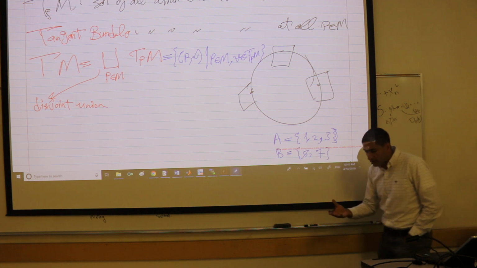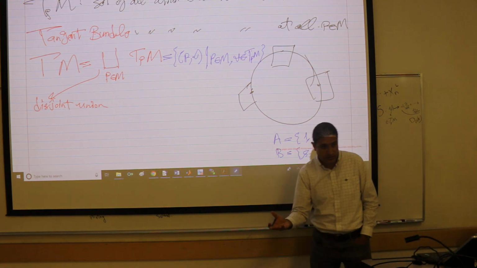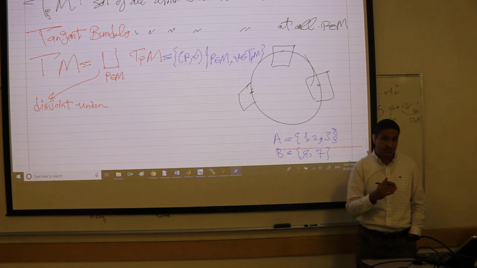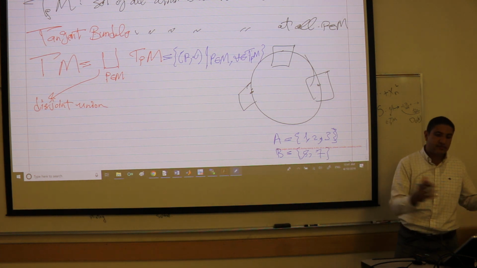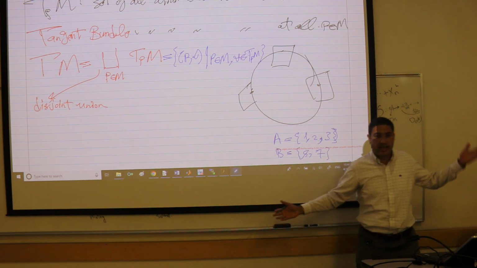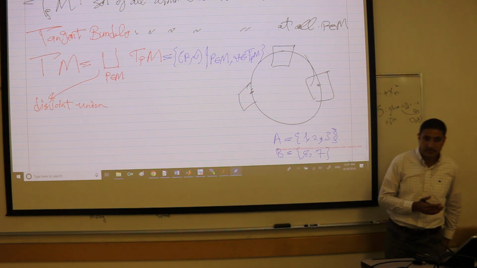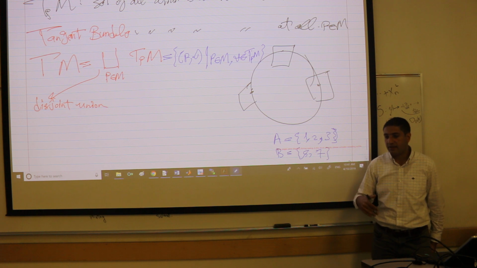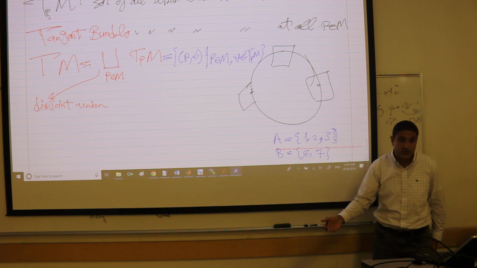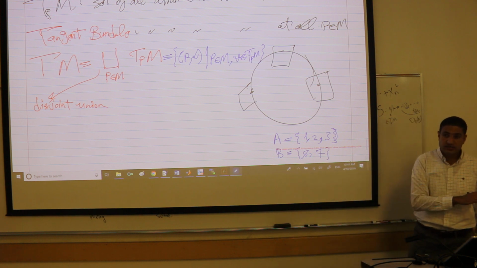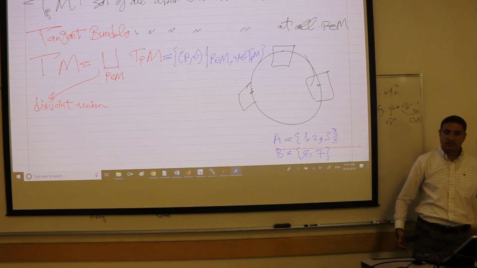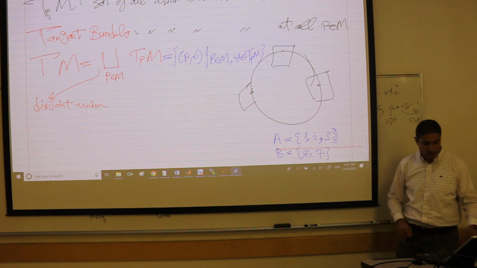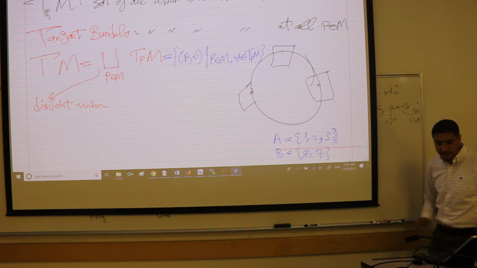If the manifold has the set of points, positions, and the tangent space has the set of velocities at this point, then the tangent bundle has the set of positions and velocities. It's your state space. So in mechanics, we have positions, q's, and we have q dots. So the space that has both q and q dots, this is our tangent bundle. So it's actually really very related to mechanics.